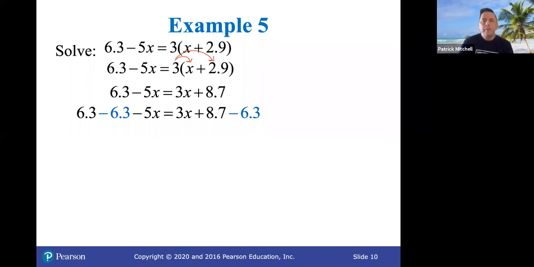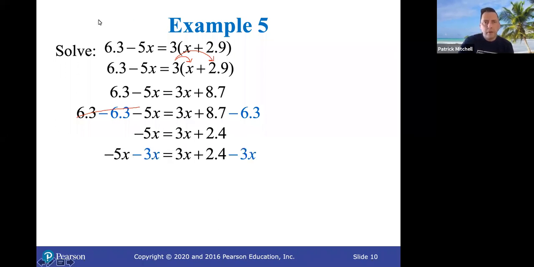Okay, so they're trying to get rid of this 6 3/10 by subtracting it on both sides. That's going to leave me with negative 5x equals 3x plus 2 4/10. So now I need to put the x's on the left side, so the next thing we're going to do is subtract 3x on both sides.